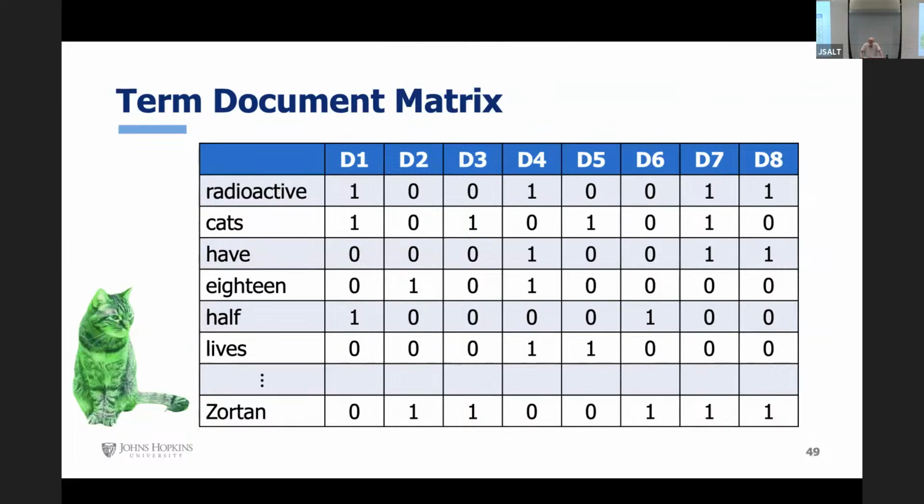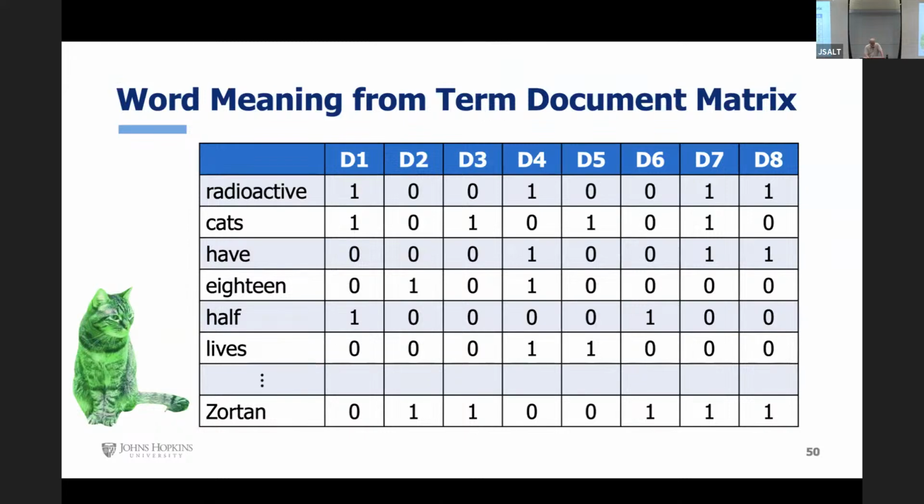This is a term-document matrix. So we have on the y-axis the set of tokens in our vocabulary, and along the x-axis are the various documents in our collection. So each column represents a document.